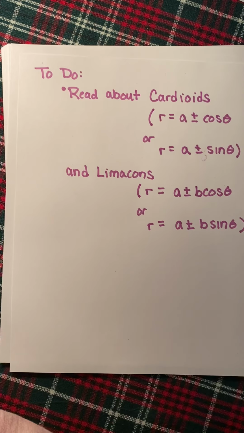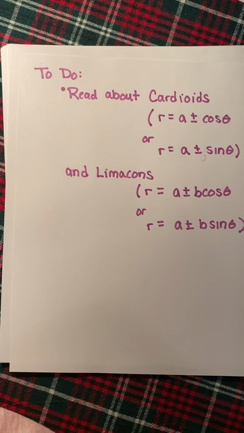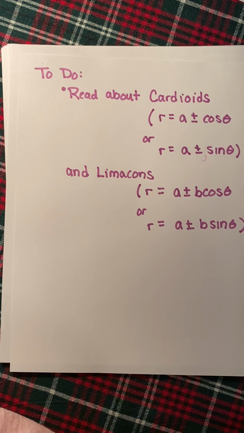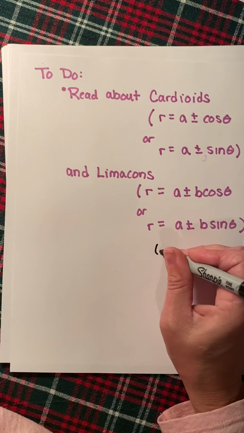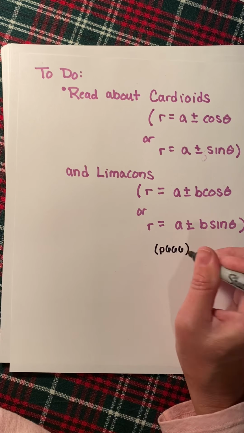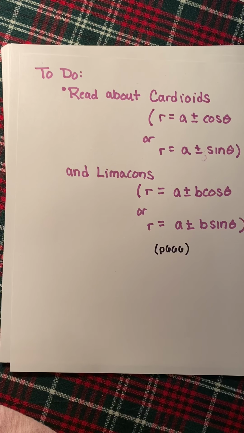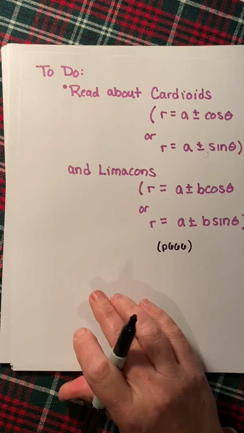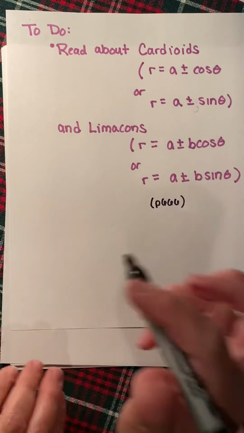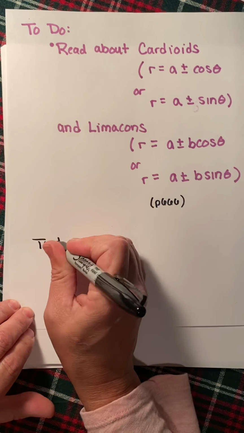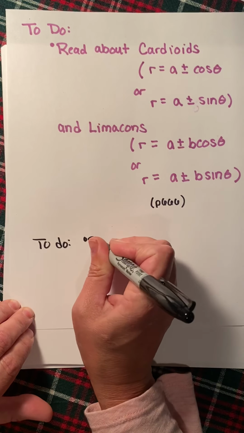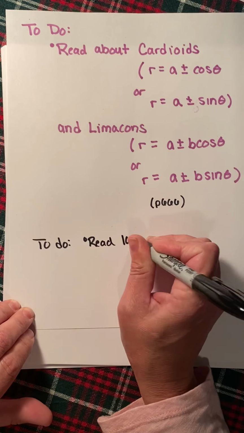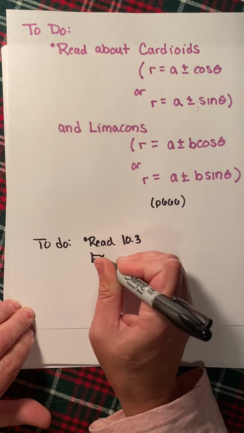All right, the next ones, the cardioids and the limacons, are so super cool. There's just no way I can draw them by hand, so I figured this would be a great thing to read in your textbook on page 666, okay, and have fun with them. So your to-do for 10.3, your next to last to-do, read 10.3, exercises.